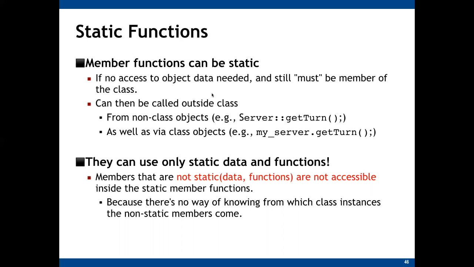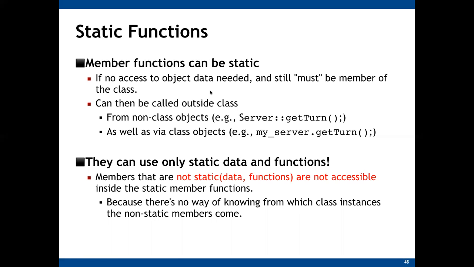And I will explain this syntax with a concrete example in the next slide. But let's first talk about the characteristics of static member functions. The static member functions can only access the static members. So the static member functions can only access the static member variables.